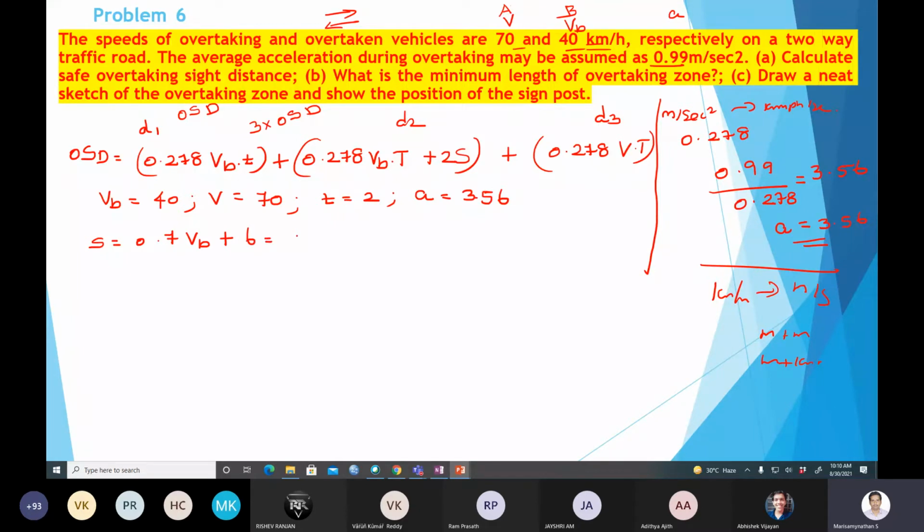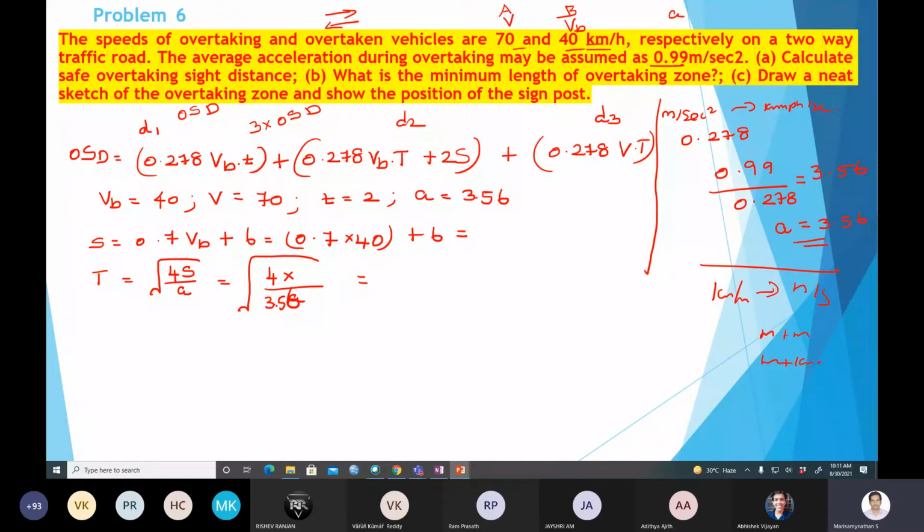So putting 0.7 into 40 plus 6, you come to know the value of S. Then T is nothing but the square root of 4 S divided by A. So 4 into the S value divided by A, which is 3.56. Taking the square root, you will come to know the T value.